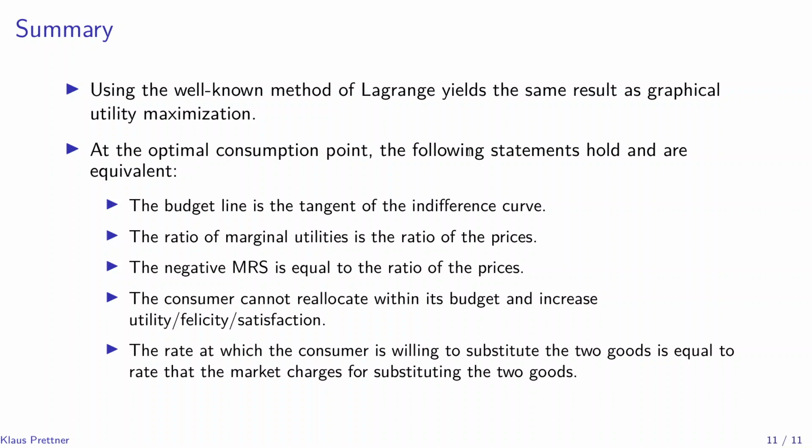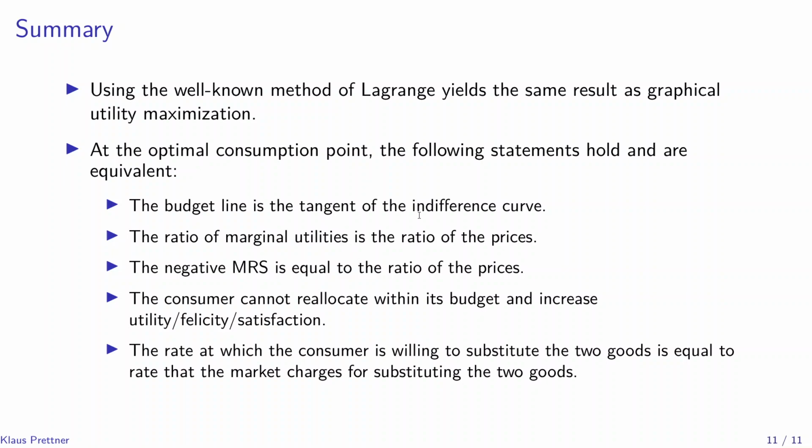Because at this point, the market allows us to exchange the two goods exactly as our preferences would dictate it, and only at this point we cannot increase our utility anymore by changing the choice of consumption. And then the following statements are all equivalent at this point.